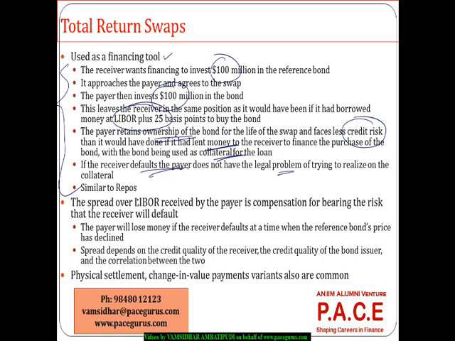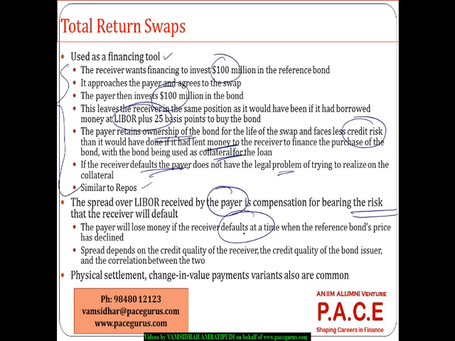And it is more or less similar to repos where the funding is done with a kind of security in the background. And whatever is the spread over the LIBOR that is being paid, that 25 basis points in this example, is the compensation for taking the risk that the receiver is going to default. Because if the receiver defaults, look at it, this is where correlation is playing an important role.